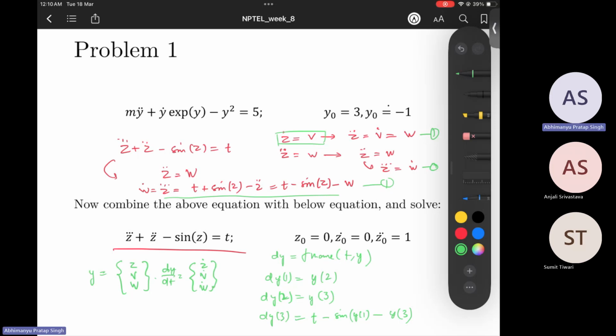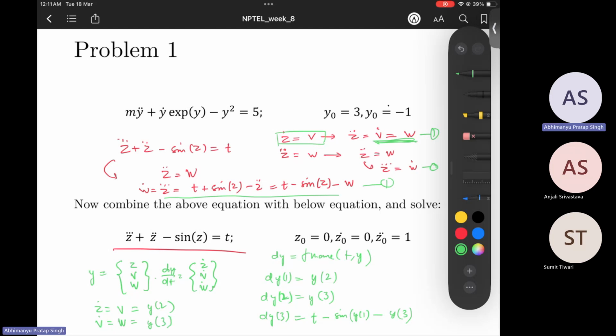So I write my z dot as v from this equation, so that becomes my y2. Similarly, I write v dot as w from this equation, so that becomes my y3.